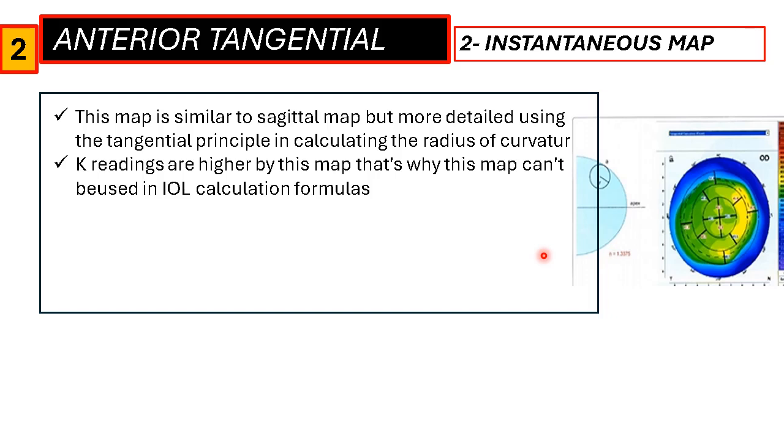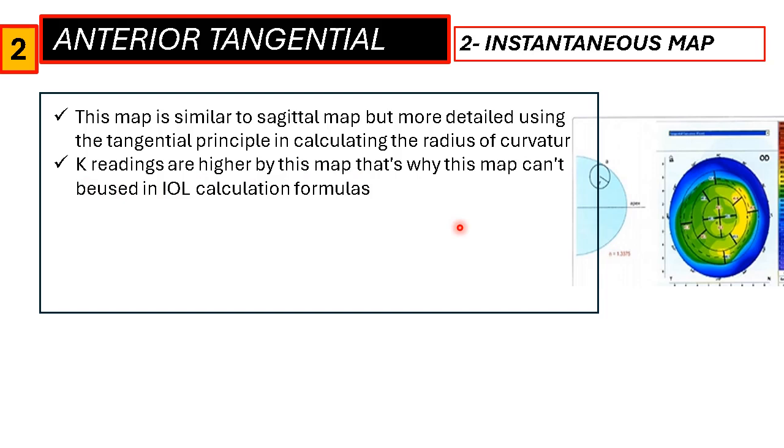I explained earlier that the axial map is more accurate in the center and less accurate in the periphery, because it assumes the eye is a sphere, which is not true, because the peripheral part of the cornea is flat. So the peripheral part of the cornea undergoes some smoothing. However, the tangential map doesn't undergo smoothing. That's why the K reading appears a little bit higher compared to the axial map.